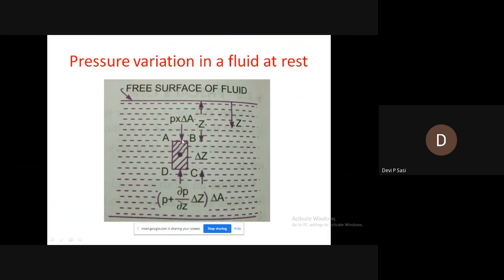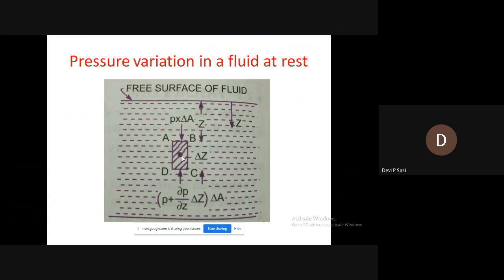The pressure on face AB is small p and the area assumed is delta A. Therefore, the pressure force on AB will be p into delta A, which is acting in a downward direction.